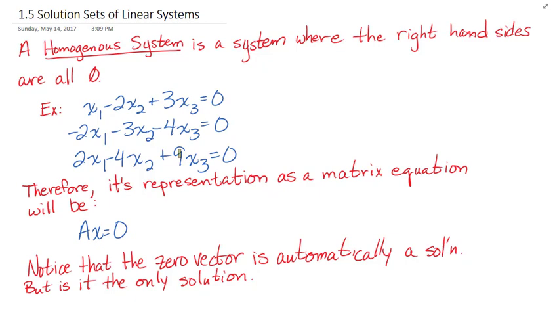Working with homogeneous systems and solving them is just like solving any other system. What you want to do is find the RREF, the reduced row echelon form of the matrix.